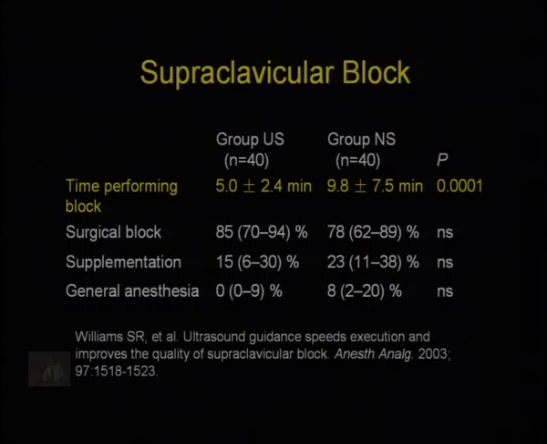Now, the success is not statistically significant, but on the whole, it shows a better outcome in the ultrasound-guided group. 80% of the patients had surgery under the block alone, and none of the patients required a general anesthesia. They only require supplementation to have the surgery completed, but it has not reached statistical significance.